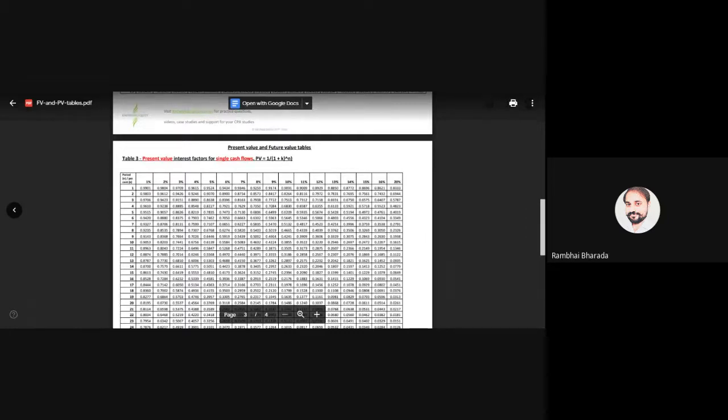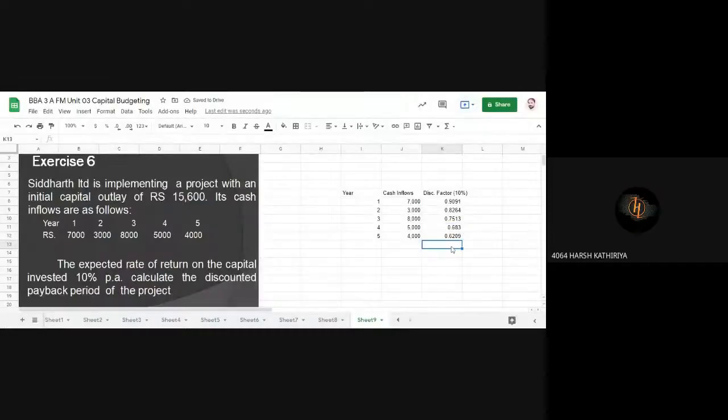In the fourth year we have 0.6830. In the fifth year, 0.6209. See, I have copy pasted this. Mark the values that you have copy pasted. Are we clear up to this? If you are clear, your 50% work is done.